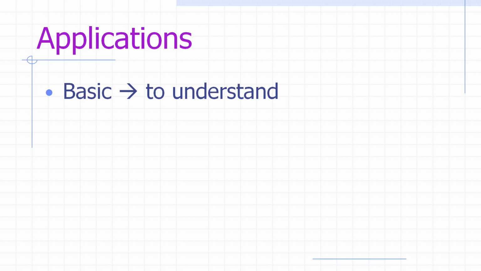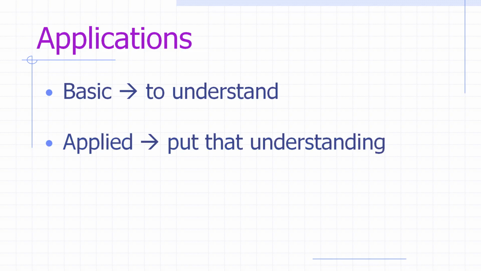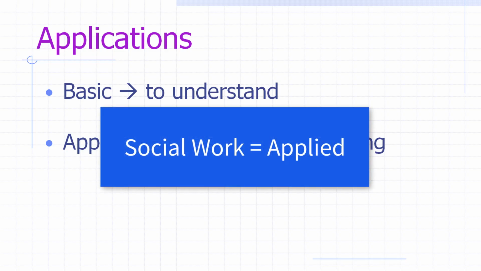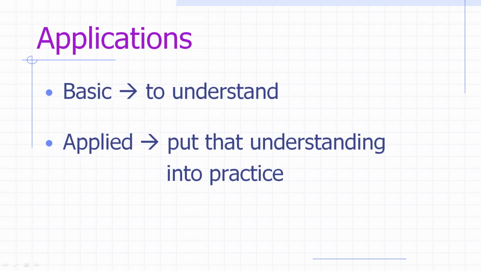And then you have applied, which is to put that understanding gained from the research study into practice. So social work research is considered applied because it's usually conducted with the purpose of solving some sort of problem by suggesting solutions to it based on the knowledge gained from that study. As I promised, that was the last slide in terms of content.